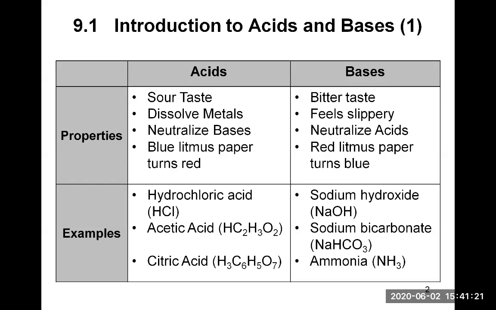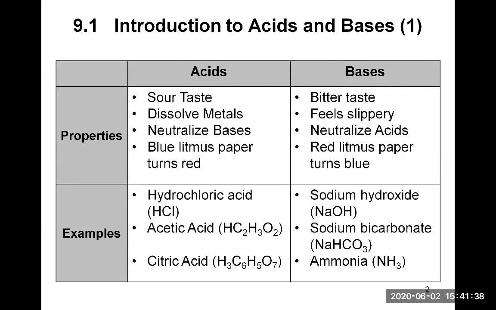Acids neutralize bases in reactions that we call neutralization reactions. And blue litmus paper turns red when it's in contact with acid. So it's an easy way to know if you have an acid or not.